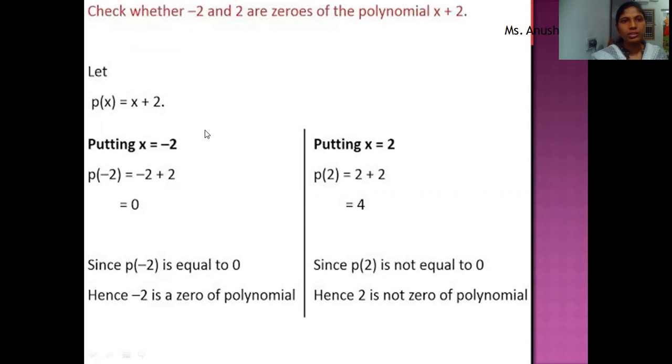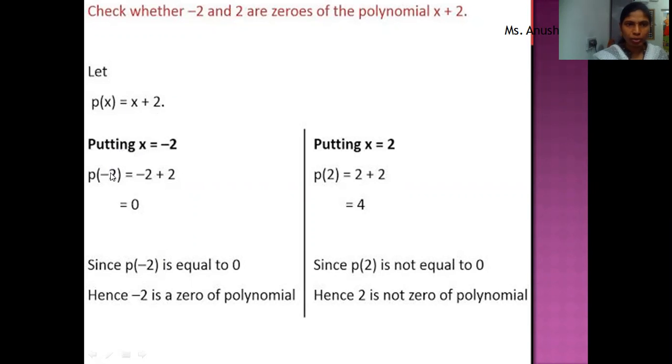Okay, next, check whether minus 2 and 2 are zeros of the polynomial x plus 2. We have to check whether minus 2 and 2 satisfy the polynomial x plus 2. First of all, take the polynomial p of x equal to x plus 2 and put x equal to minus 2, that is, the value minus 2 in the place of x.